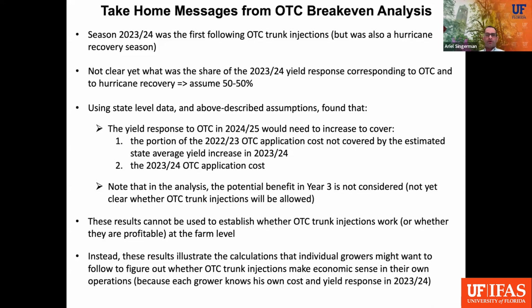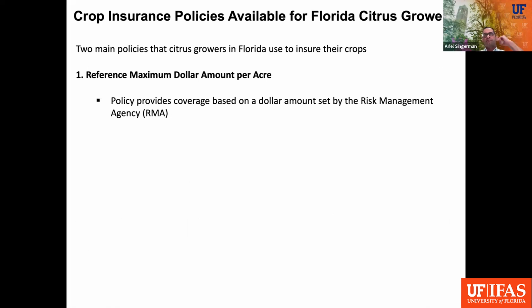Let me just quickly go over the second part, which is the performance of 2 crop insurance policies in the past 2 seasons. And then we will have time for questions. So there are 2 main policies that citrus growers in Florida use to insure their crops. The first one is the reference maximum dollar amount per acre.